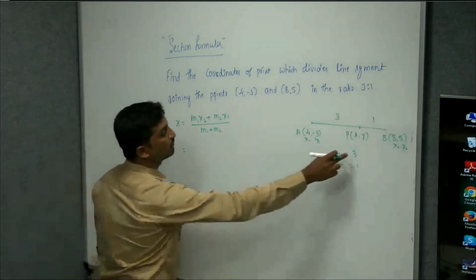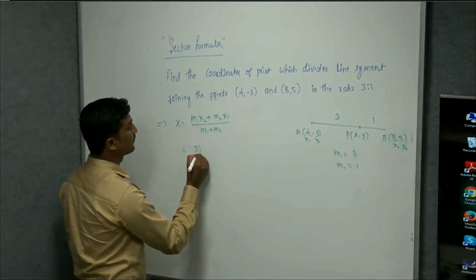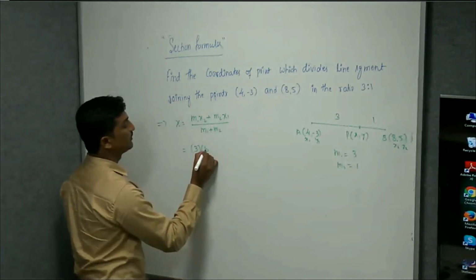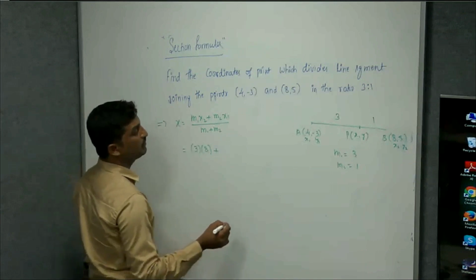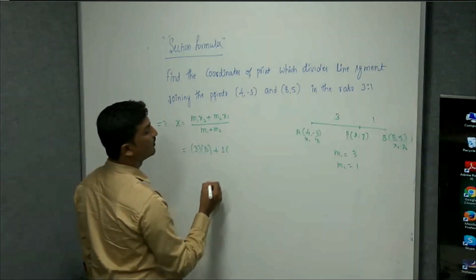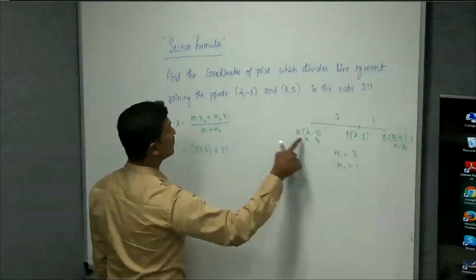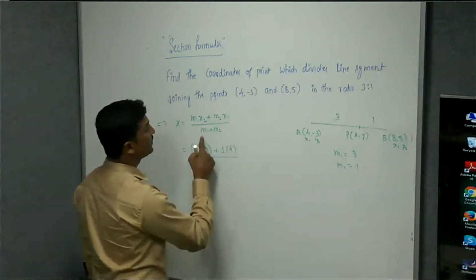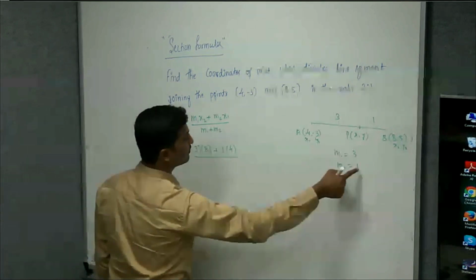So m1 is 3, into x2, which is 8, plus m2, which is 1, into x1, which is 4, divided by m1 plus m2, 3 plus 1.